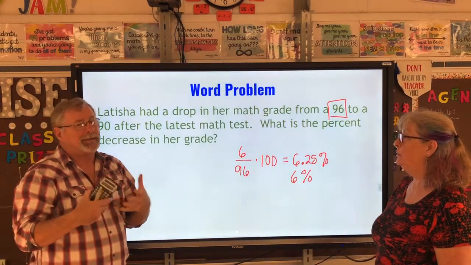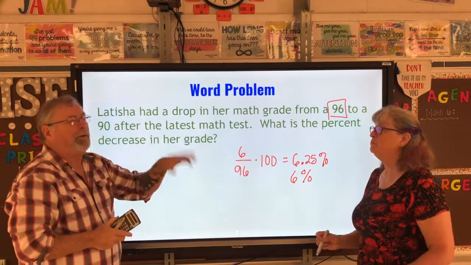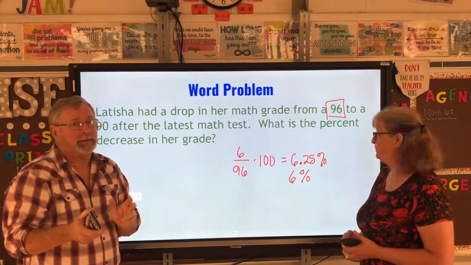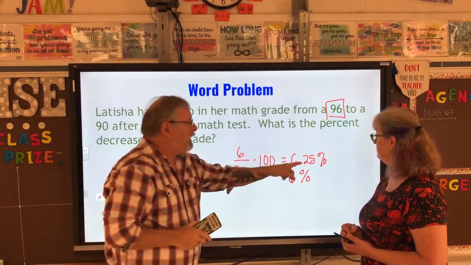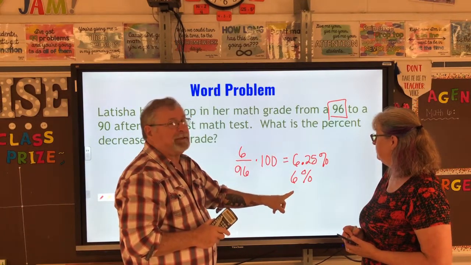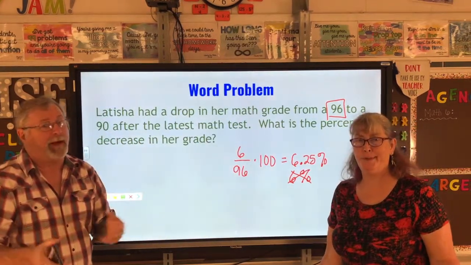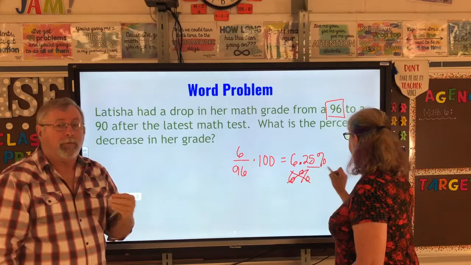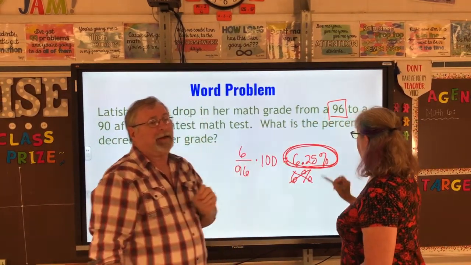But percent change isn't exactly that way. It's not just the difference in the percentages. It's really more than 6% because this was a 96 to start, not 100.